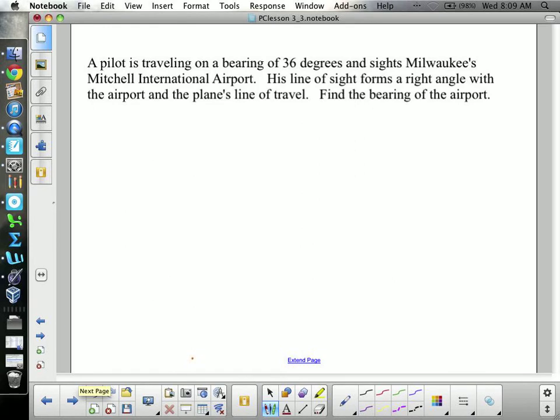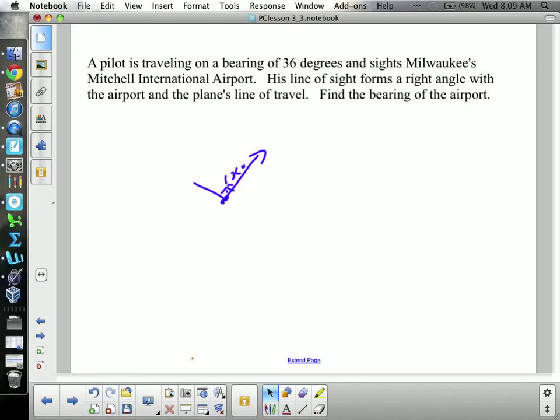Basically, this is even simpler than that. Having a bearing at 36 degrees, sights the airport. So here's the plane. Okay, the 36 degrees is here. Yeah, I way overdid that. Sorry.